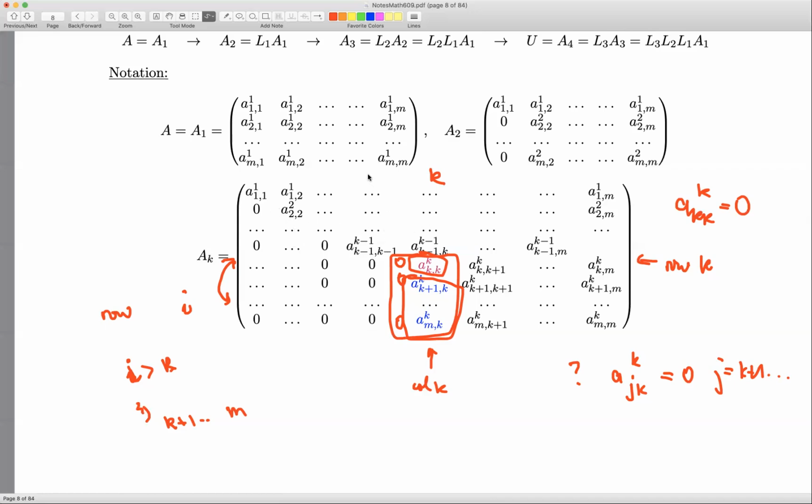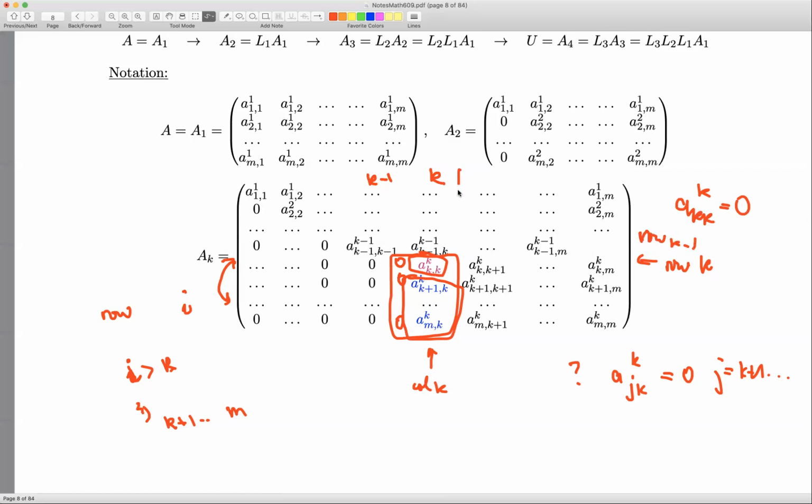This is column k, and this is column k minus 1, and column k and column k minus 1 go down up to row k minus 1. So this is where the red element is, row k, and the row before is row k minus 1.